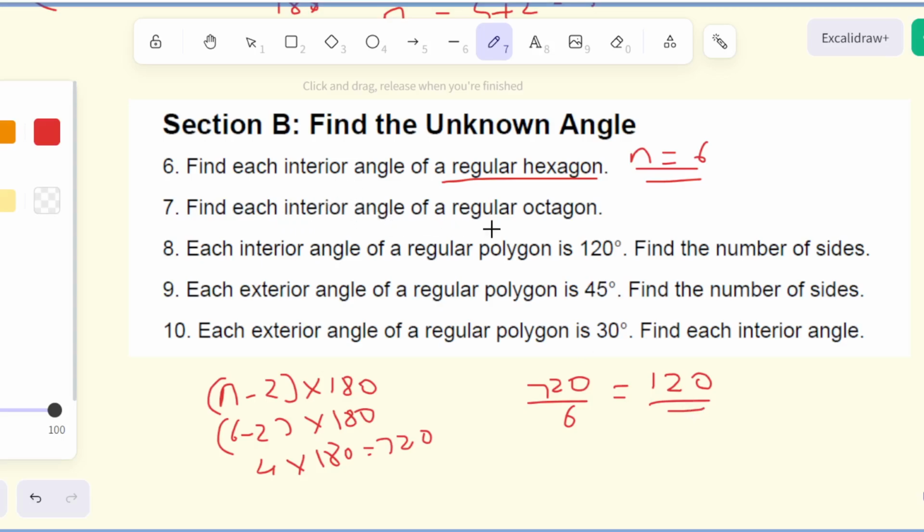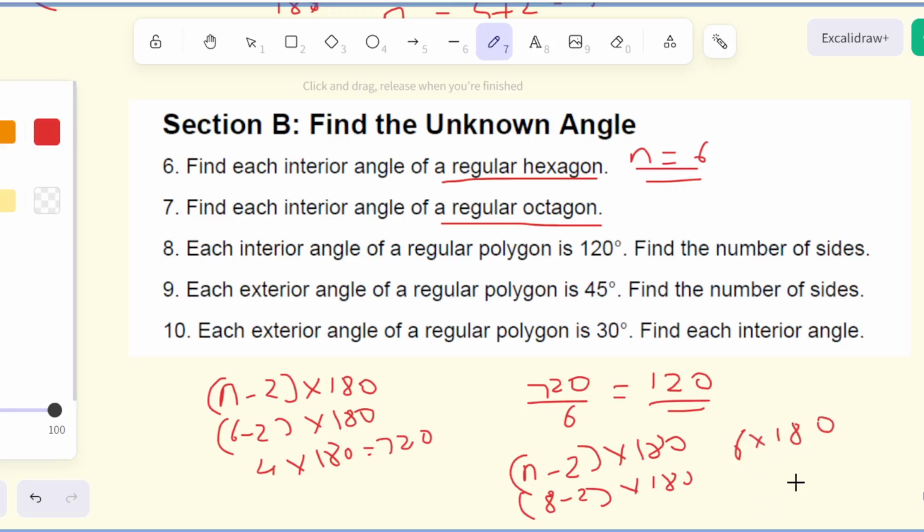Find each interior angle of a regular octagon. So first of all, find out the sum, no? So isn't that 8? Yeah, it's 8. 8 is the number of sides. So 8 minus 2 times 180. So basically 6 times 180, right? So 8 times 6 is 48. 4, 1 times 6, 4 times 108. So basically 1080 is the sum of all the angles of a regular octagon, right?